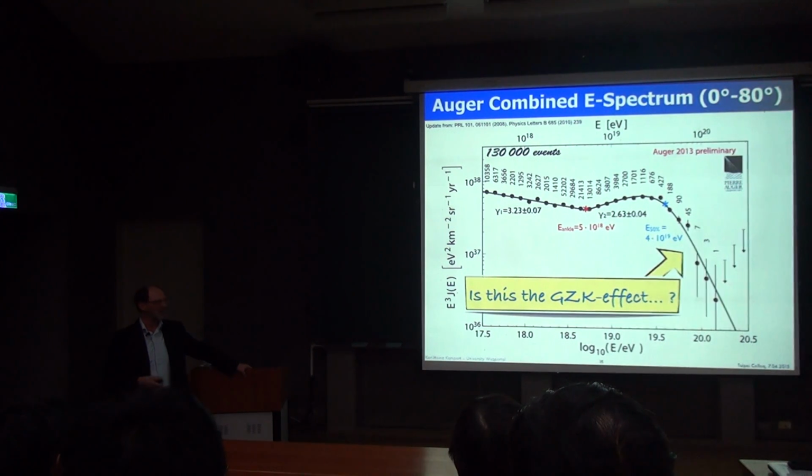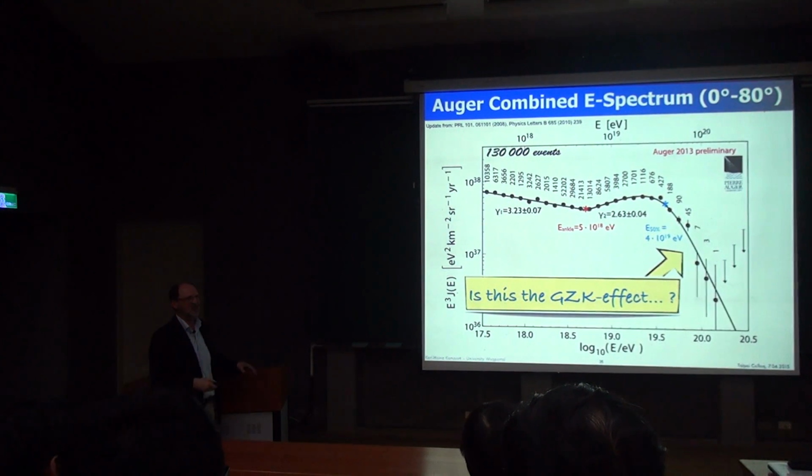I mean, it still plays a role, but it may not dominate the flux suppression at the highest energies. Because what I will try to convince you is that we observe primarily the maximum energy of the extragalactic cosmic ray accelerators. So that is in fact the end of the cosmic ray spectrum, because there are no more powerful accelerators in the nearby universe. And that is then folded with the GZK effect.